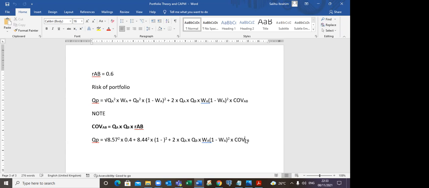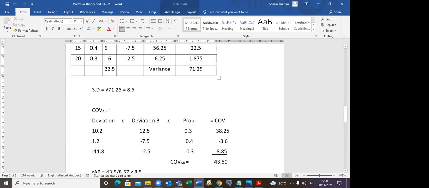But now this formula here says standard deviation A times standard deviation B times correlation of A and B. Which one do you use to solve covariance, the deviation A times deviation B times probability, or the new formula you just gave?